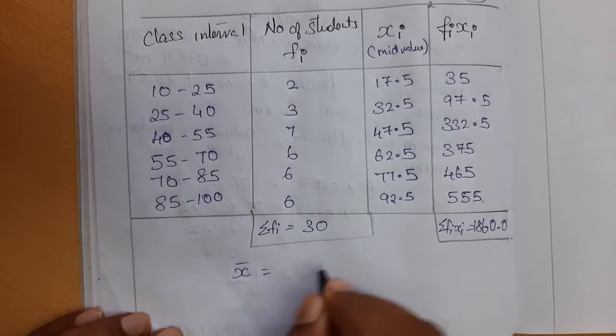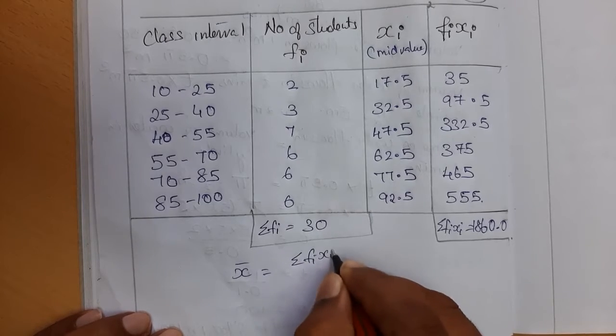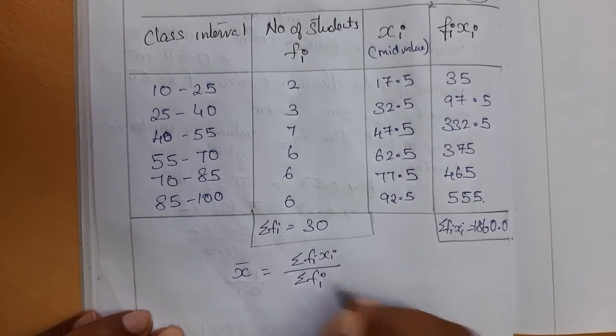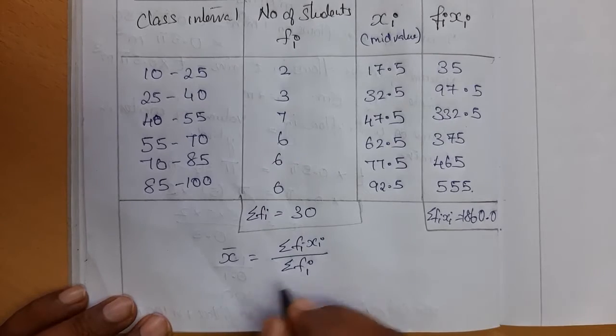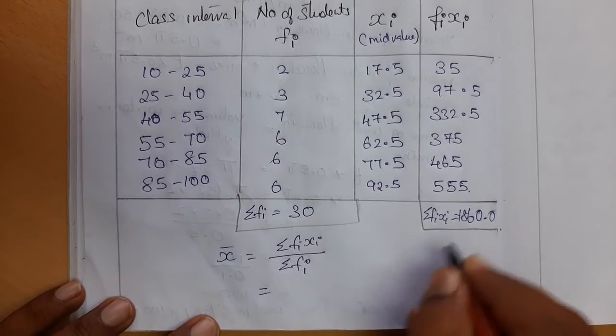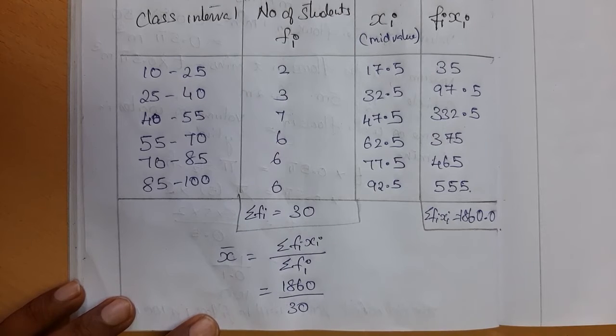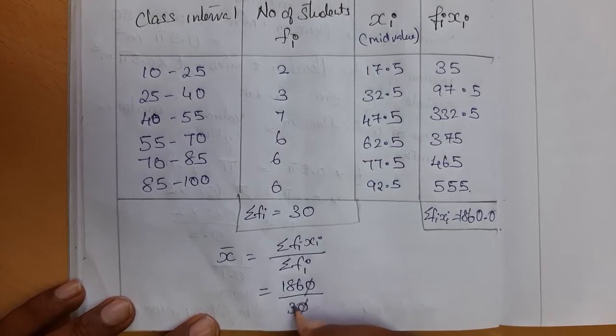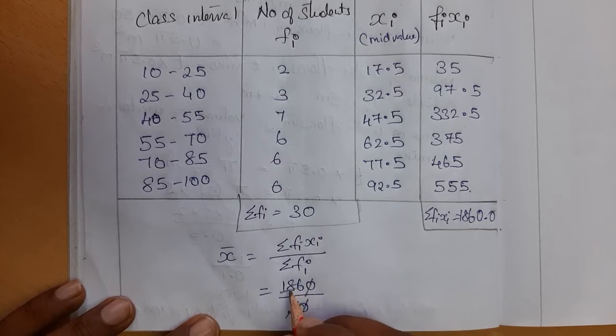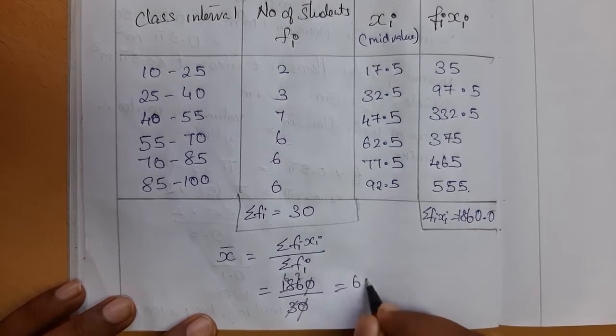So mean is equal to sigma fi xi divided by sigma fi. Sigma fi xi is 1860 divided by 30. We have to divide. That's it. 6 times 30 is 180, and 2 times 30 is 60. So this is 62.